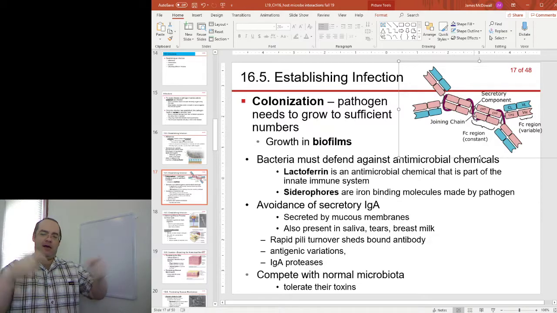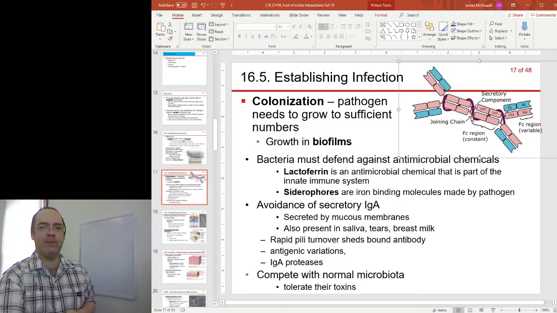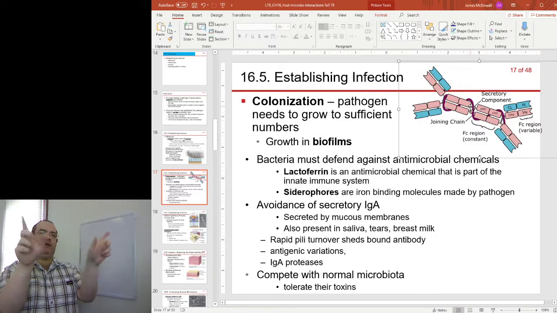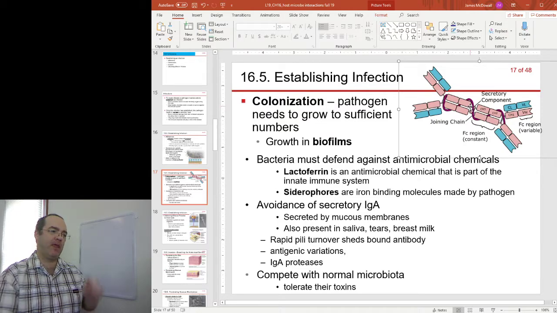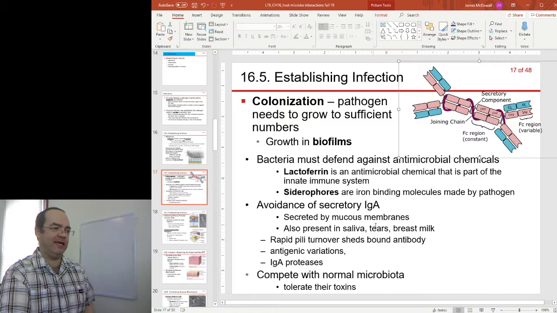That's that Ig antibody that has the two Y's stuck together. Secretory IgA, also present in saliva and tears and breast milk, is another one of those first line defenses.